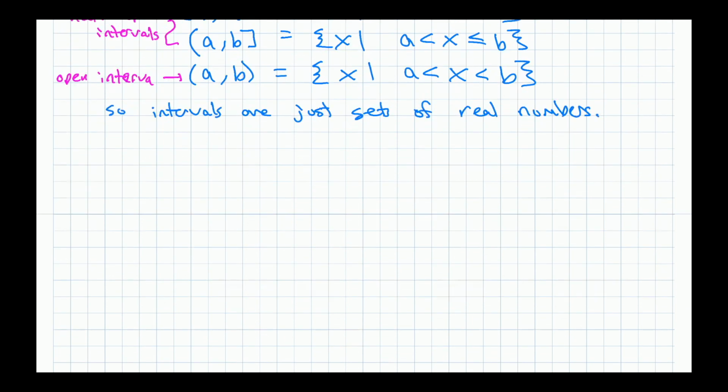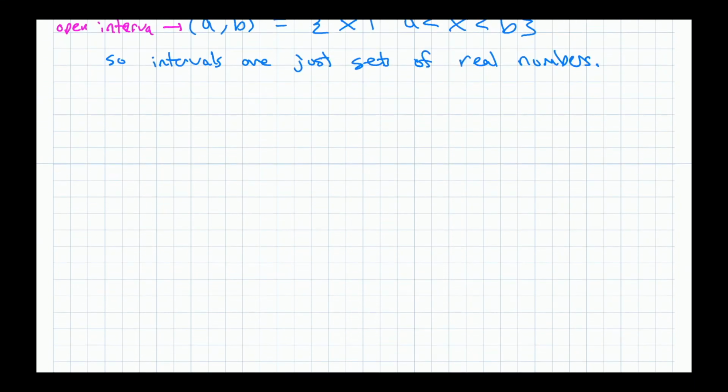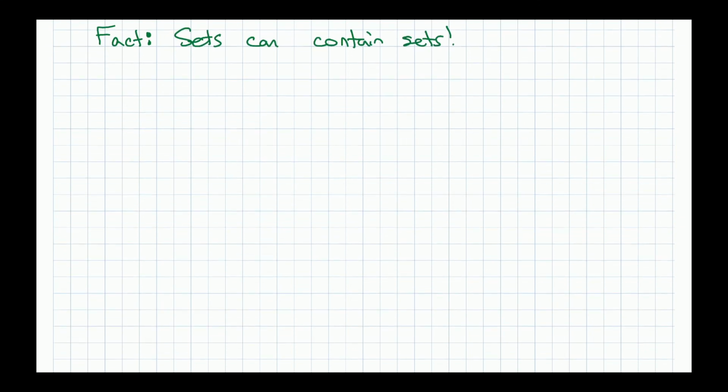Okay. Something else to be aware of is that it's okay for sets to contain other sets. So this is just kind of a fact. Sets can contain sets. So what would that look like? Well, something like this maybe.